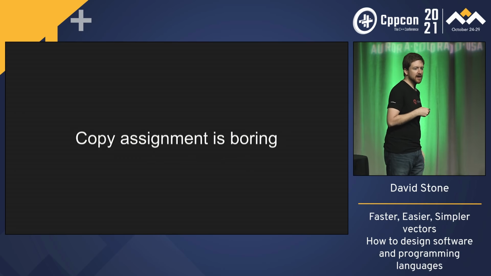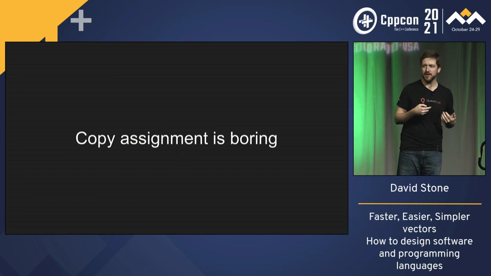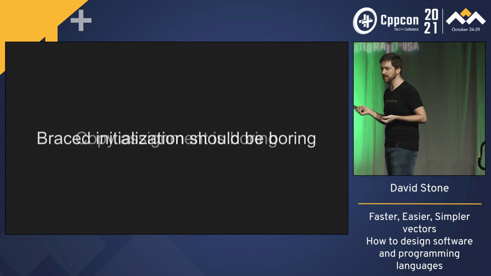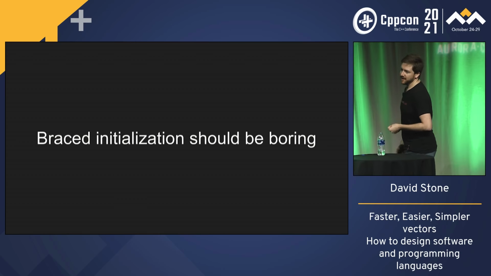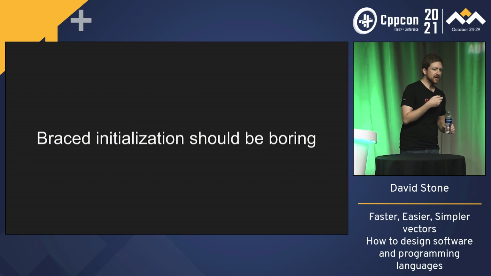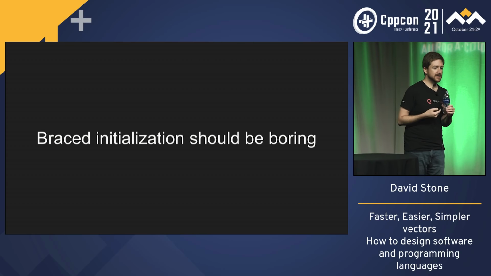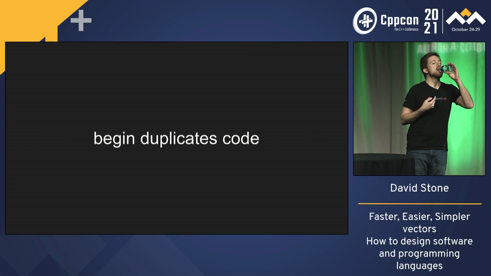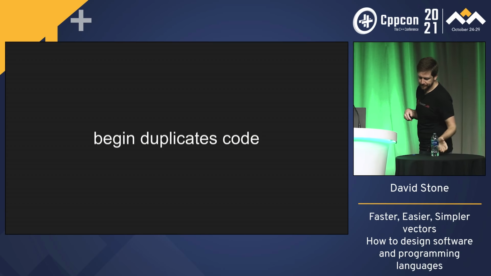Some constructors are boring. Copy assignment, always boring. Copy assignment is the same thing for every algorithm, but the assignment operator must be implemented as a member. Braced initialization should be boring. That's sad. But we talked about that a bit with C arrays and initializer lists. Begin duplicates code.